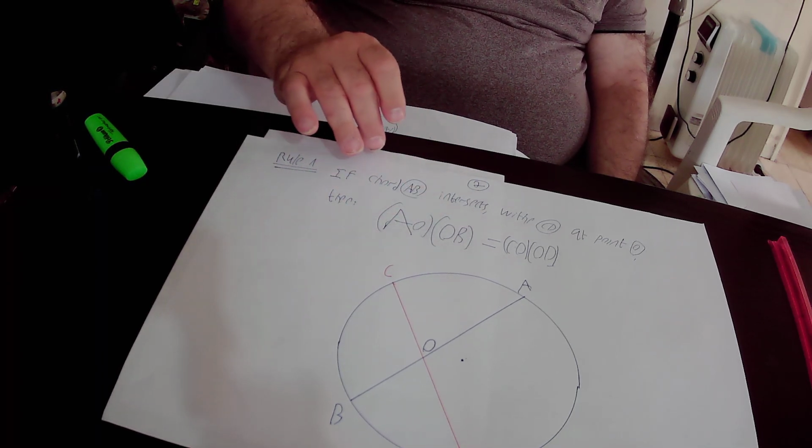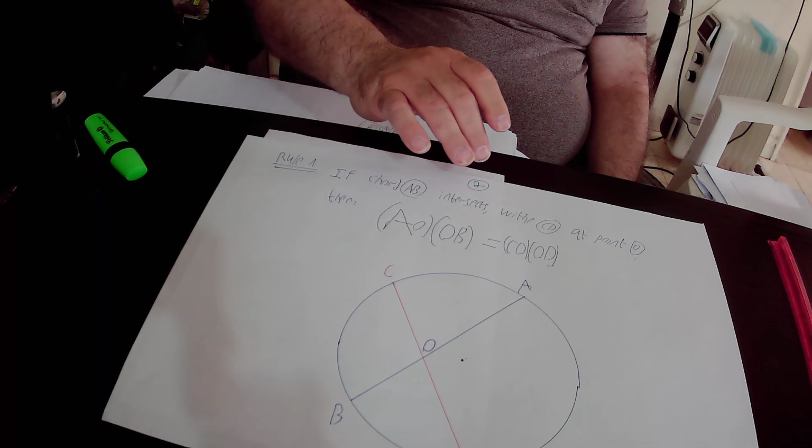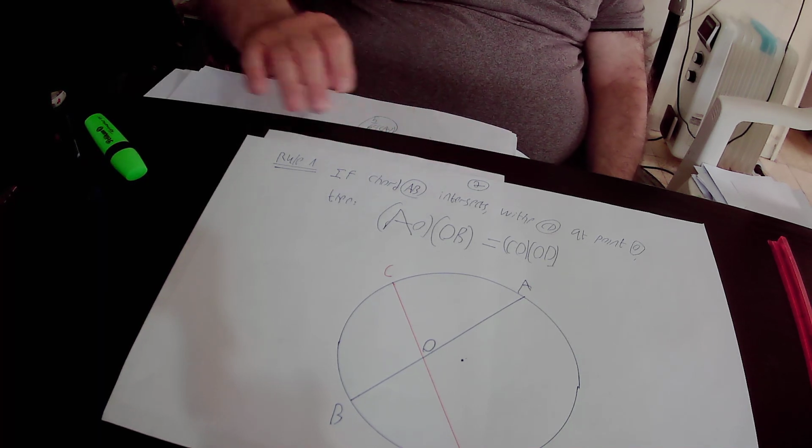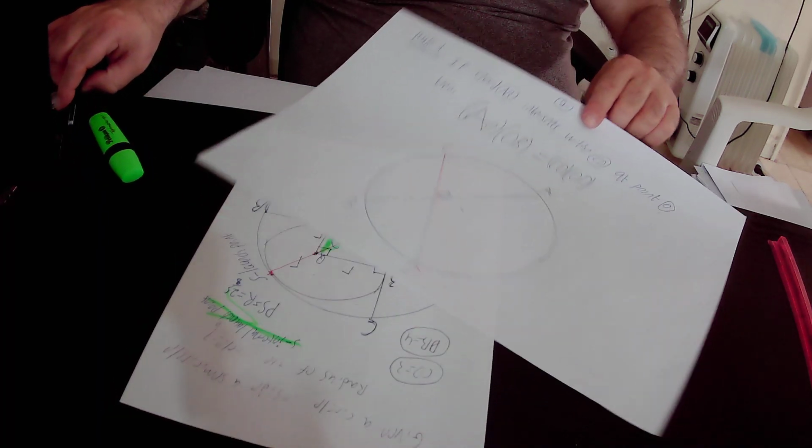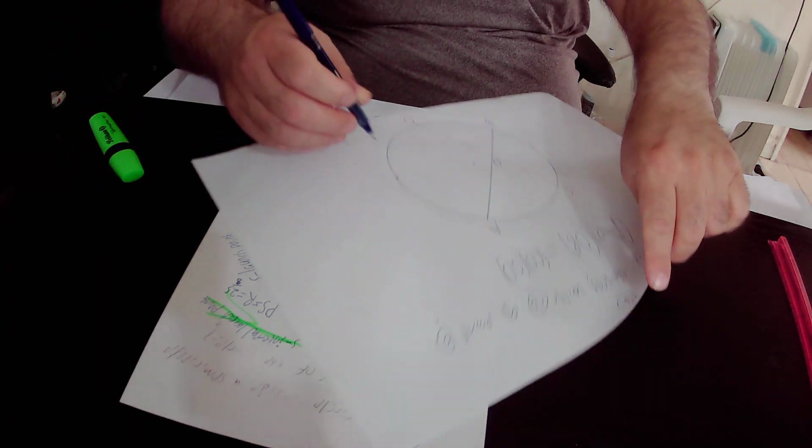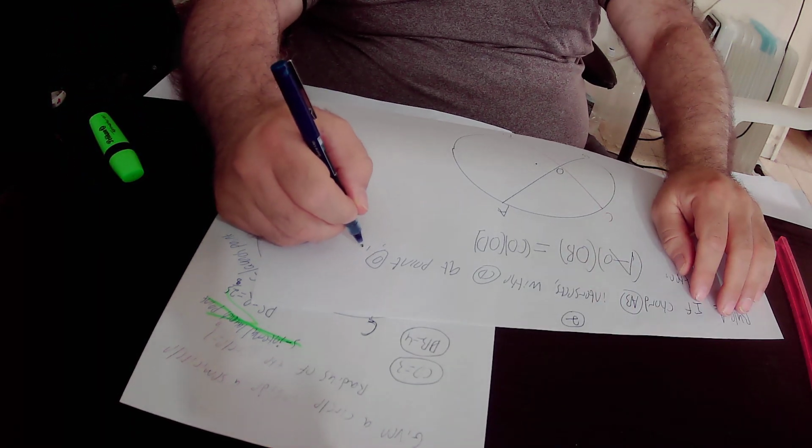So if chord AB intersects with chord CD at point O, I will add to it, inside the circle.